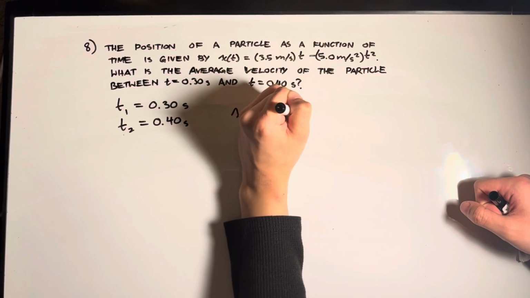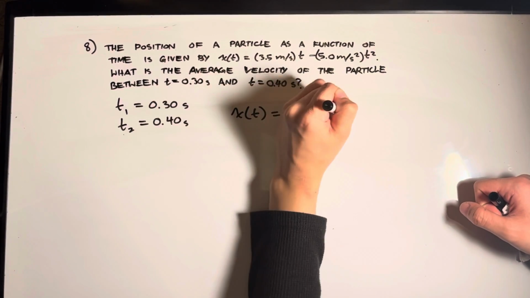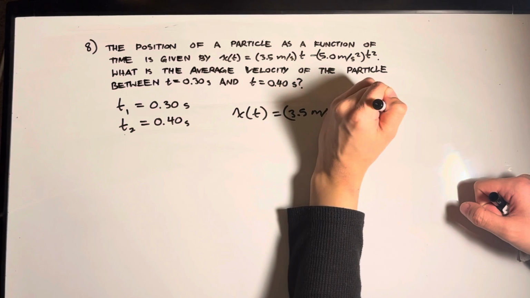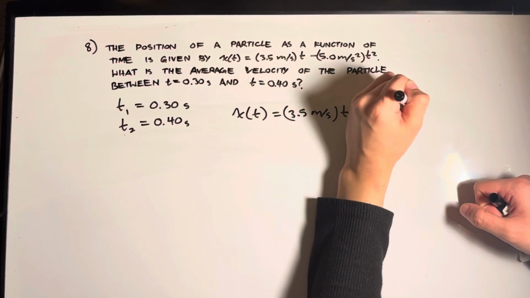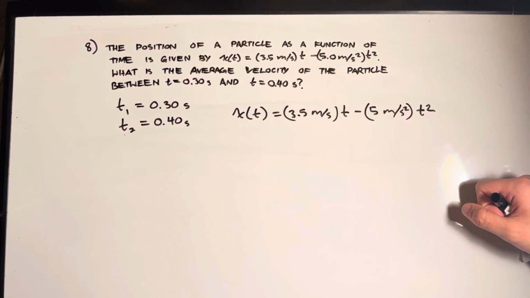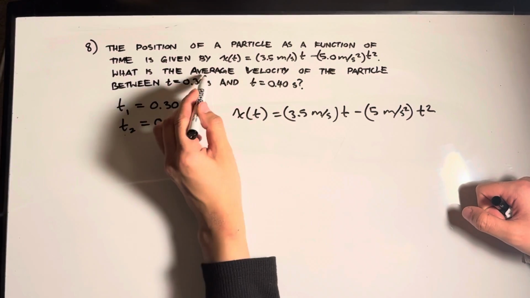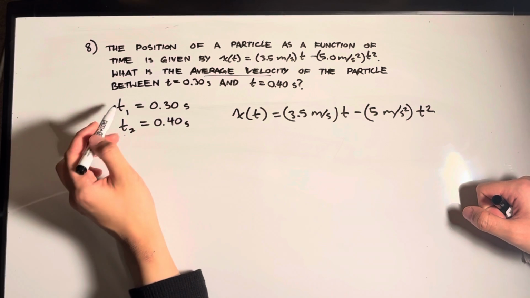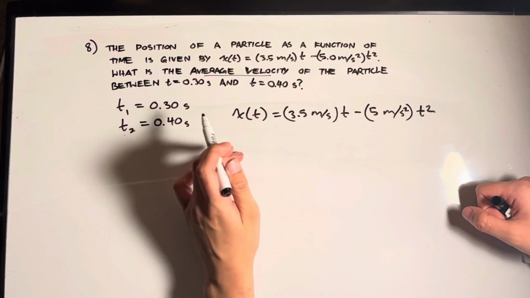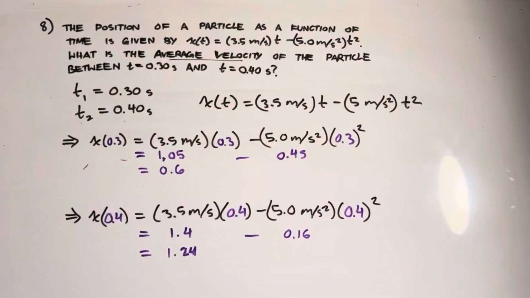So 3.5 meters per second times t minus 5 meters per second squared times time squared. So what we can do to find x, in order to find our average velocity, is plug in our time values. So let's do that. Okay, so now we plugged in our time values for the equation, for time 1 and time 2.